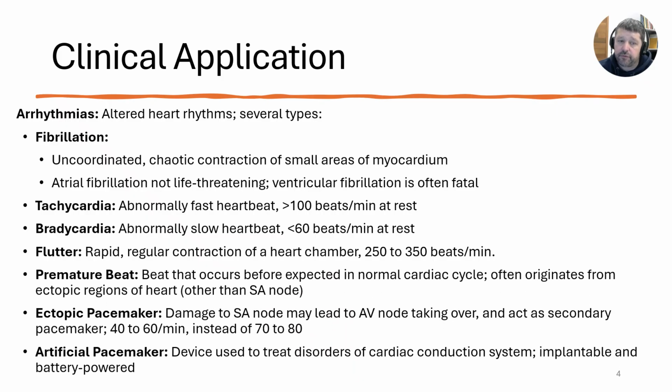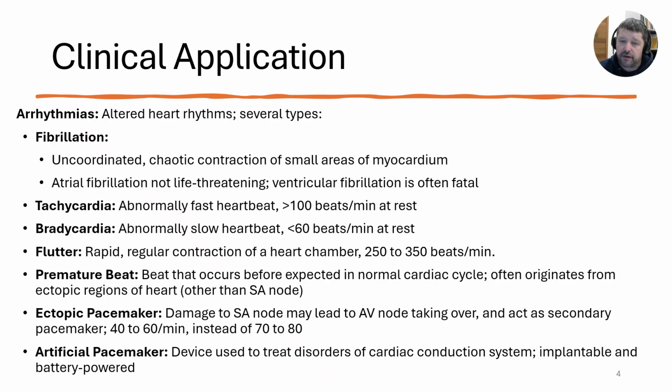Premature beats are similar to flutters, except they would often originate not associated with the SA node. And we'll look at these. Some of these are hard to distinguish, whether it's a flutter or premature beat. An ectopic pacemaker would be basically a secondary pacemaker.